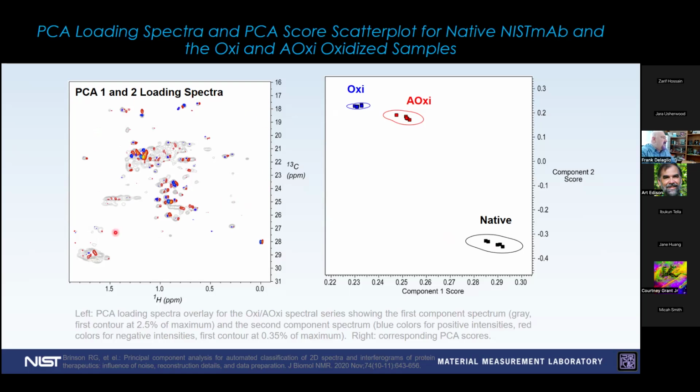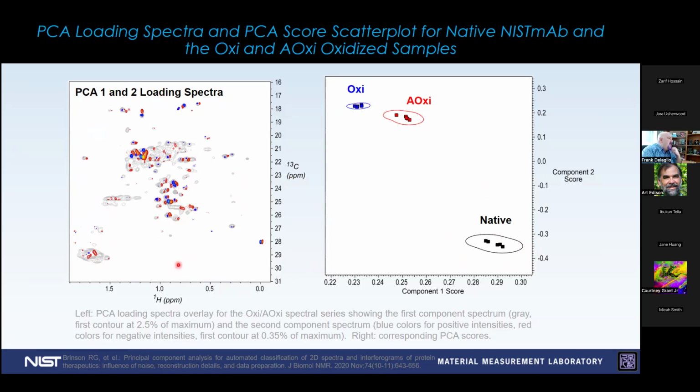And another thing that we can get from principal component analysis are synthetic spectra that are associated with each of the dimensions of these scatter plots. And as I will show you, a spectrum associated with the first principal component is very much like an average spectrum, and the spectra associated with the remaining components are going to highlight the parts of the spectrum that are different, that vary between these different kinds of samples.